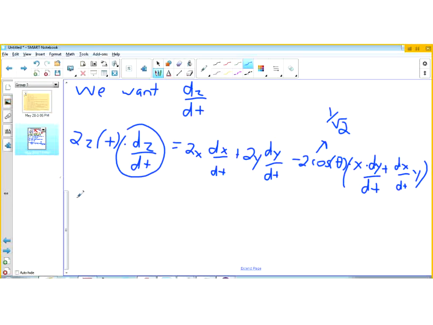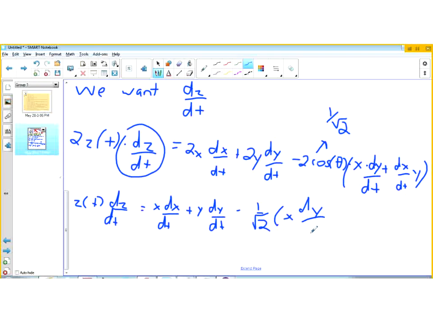So let's see, can we do anything else? We can divide both sides of the equation by 2, and so we have z of t times dz over dt is equal to x times dx over dt plus y times dy over dt minus 1 over the square root of 2 times this quantity, x times the change in y with respect to t plus y times the change in x with respect to t.